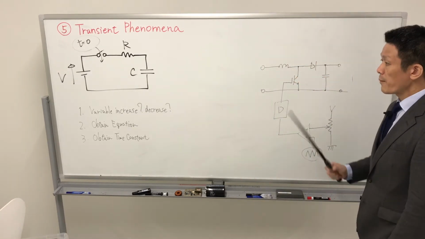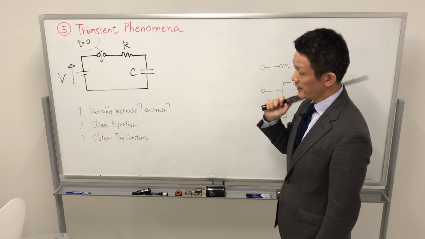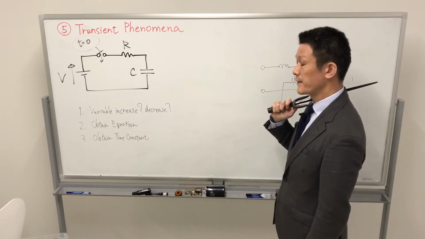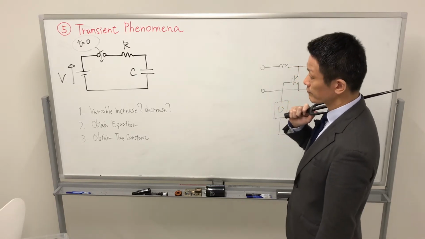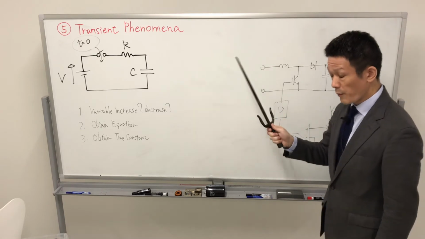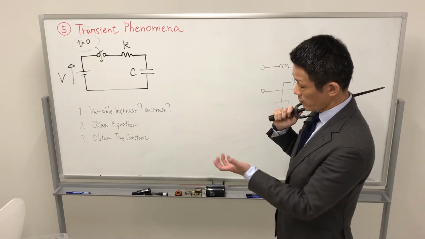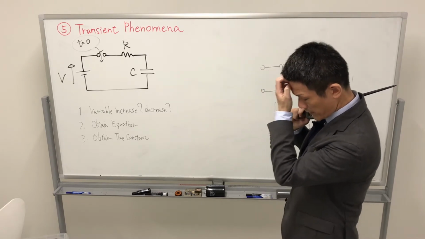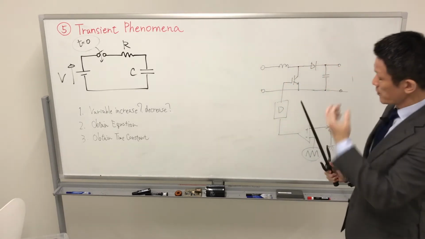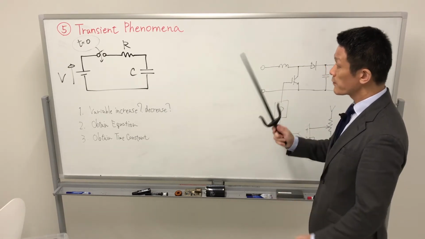So we must analyze this equivalent circuit. This is a very simple one, but for obtaining the knowledge, we must analyze this circuit. So before this discussion, I will talk about the transient phenomenon.